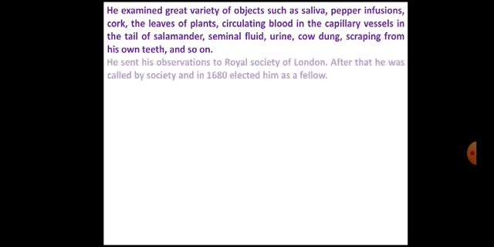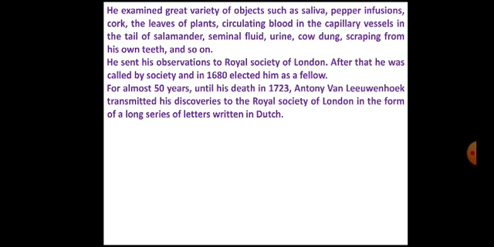He sent his observations to Royal Society of London, and after that he was called by the society and honored as a fellow of Royal Society of London in 1680, which was highly prestigious.